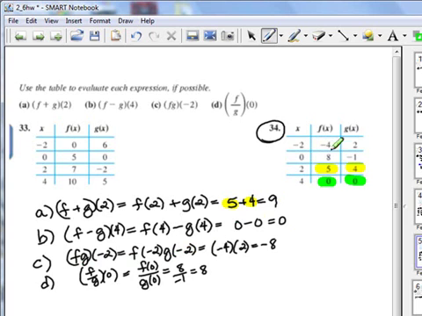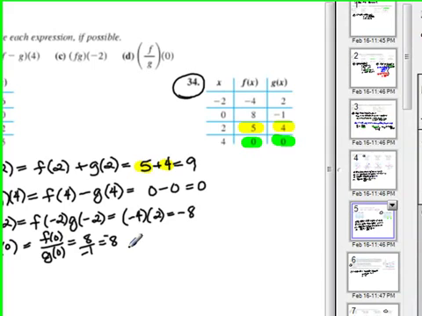So f of negative 2 is negative 4 times g of negative 2, which is 2. So their product is negative 8. Then lastly, f over g of 0 is f of 0 over g of 0, which is 8 divided by negative 1, or that should be what? A negative 8.